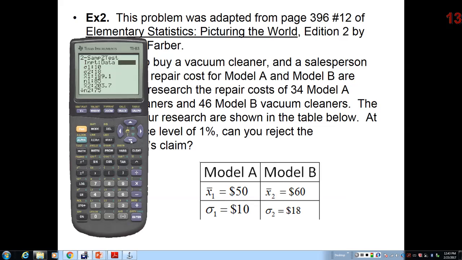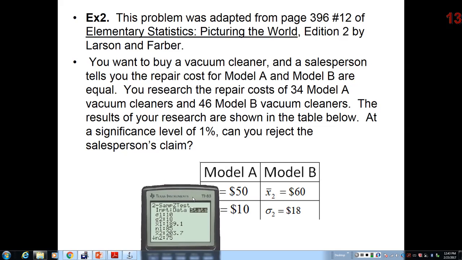Your standard deviation for the first one was 10. Okay. I'm sorry? There you go. So now we have the other one. The other standard deviation was 18, so we have 18 there. Now we want to find the means.